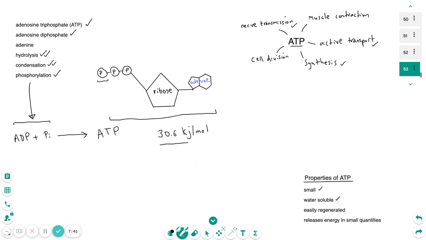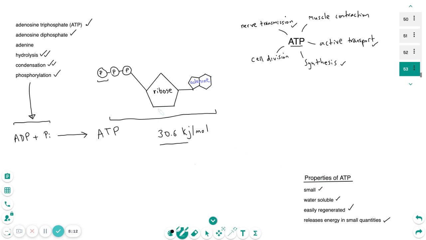Most metabolic processes take place within an aqueous environment in our bodies, so the fact it's water soluble means it's there all the time to be used. It's easily regenerated. ADP can be turned into ATP very easily, and because it's releasing energy in small quantities, it's very efficient. We're not losing much energy in the form of heat.